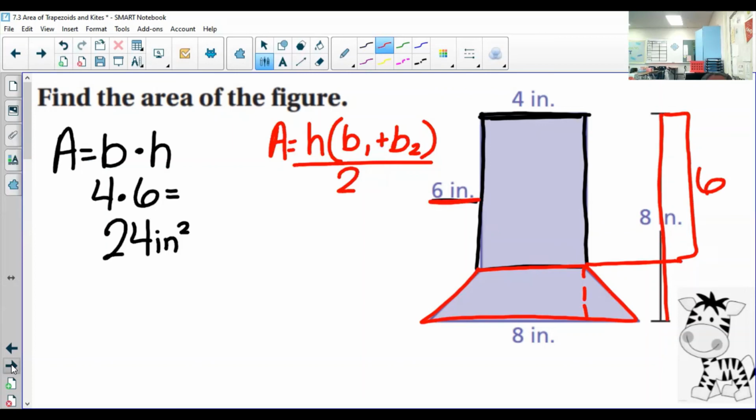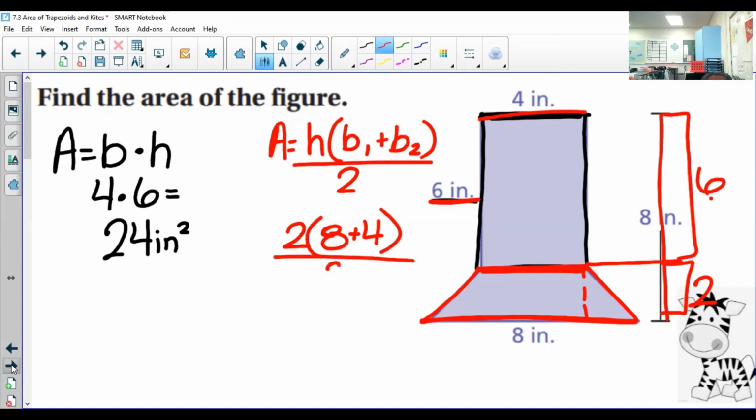So if the whole thing is 8, this bit is 6, what is this? 8 minus 6 is 2. So my height is 2 times base 8 plus this base here, which is the same as that measurement, 4. So we're going to do 8 plus 4 divided by 2.